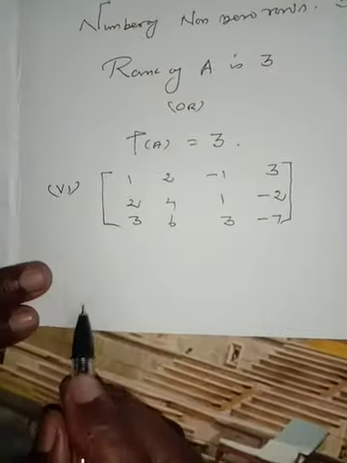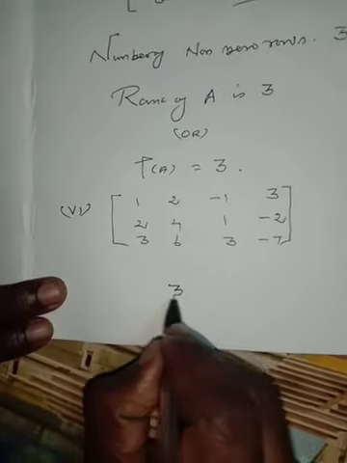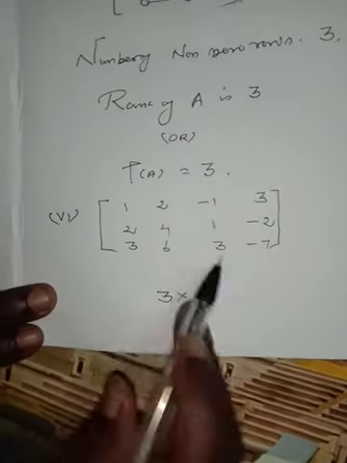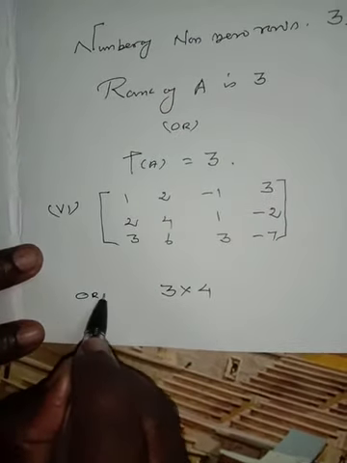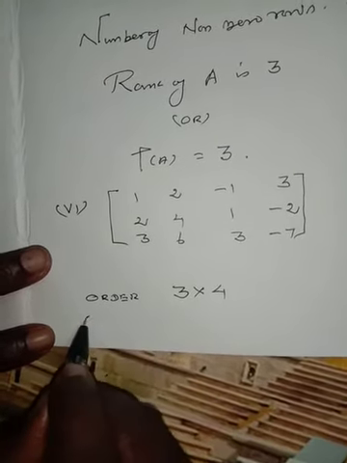Let capital E be equal to this. This is a 3 cross 4 matrix. The order of the matrix is 3 cross 4.